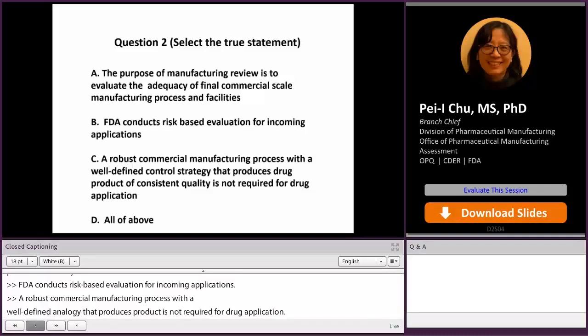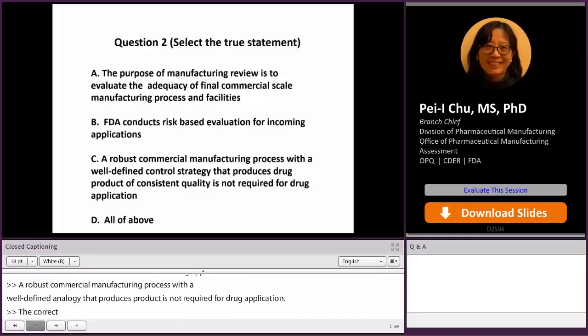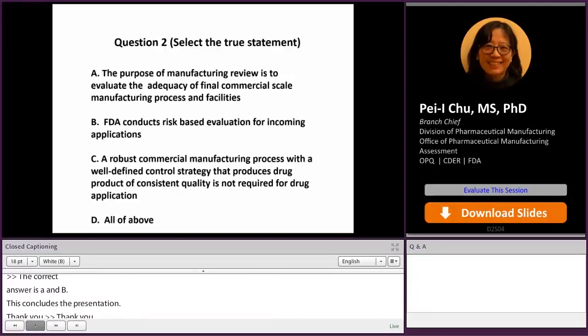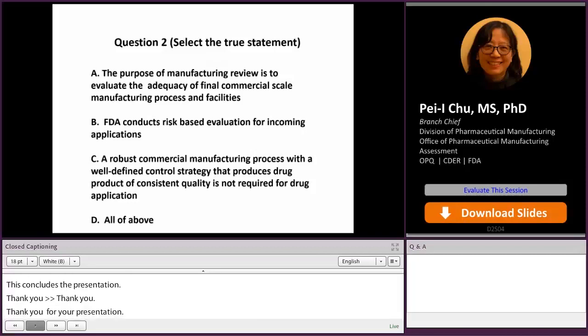C, a robust commercial manufacturing process with a well-defined control strategy that produces drug product of consistent quality is not required for drug application. D, all of the above. So the correct answer is A and B.